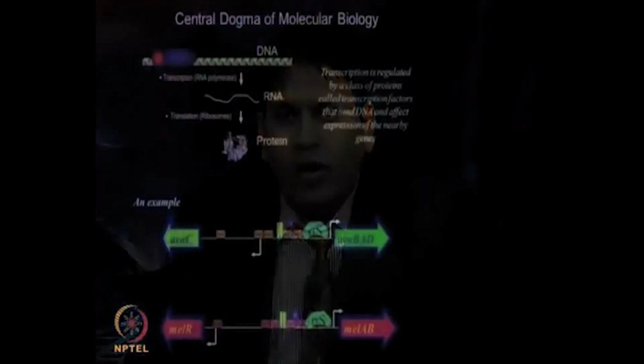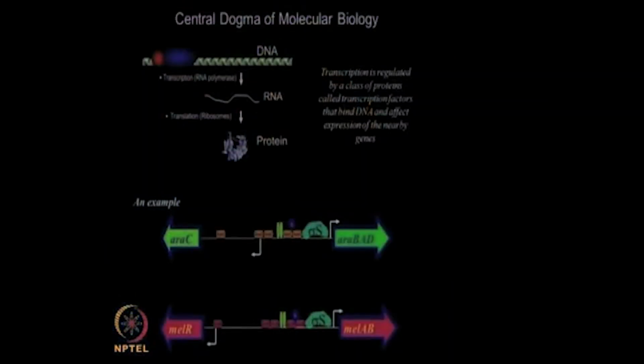discovery concept. According to the central dogma of molecular biology, DNA gives rise to RNA through the process of transcription, and this process is facilitated by the binding of the RNA polymerase as well as a number of other transcription factors which bind to the upstream regions of the DNA, as you can see, and control the expression.